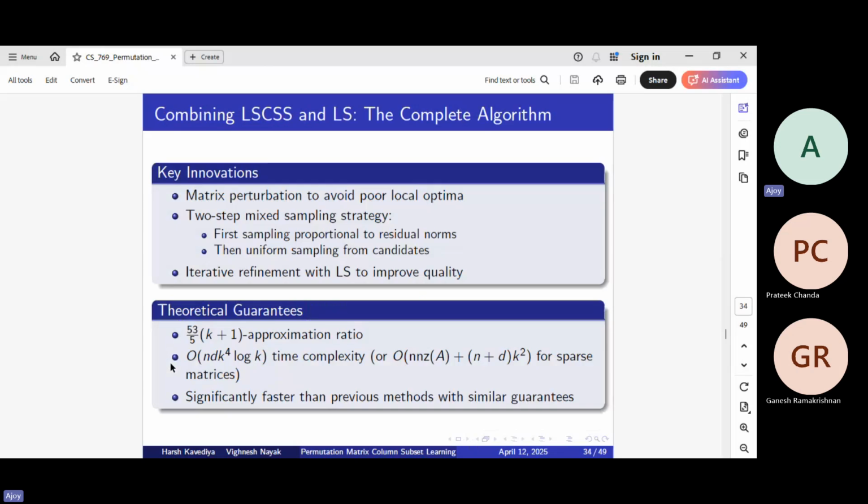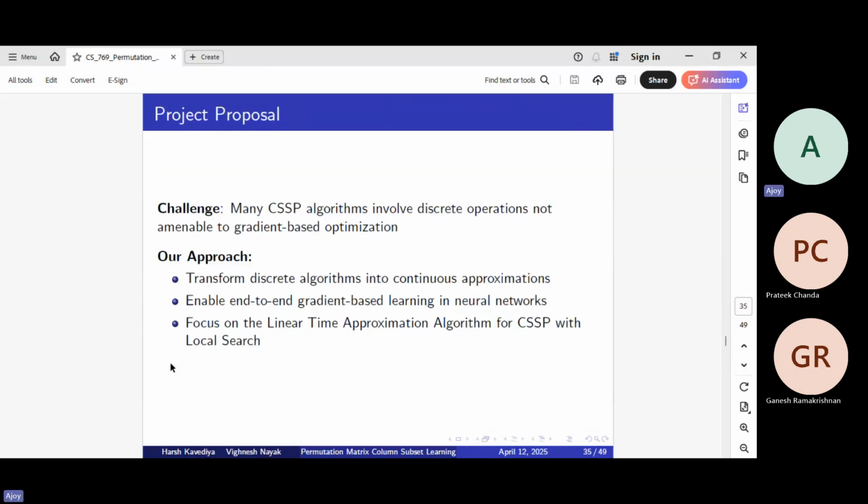So coming to our project proposal. What we noticed in the previous algorithms is that there were a lot of discrete steps, like sampling and so on. This makes it very difficult to use a neural network to learn this entire process. For a neural network, we would at least want it to be continuous.